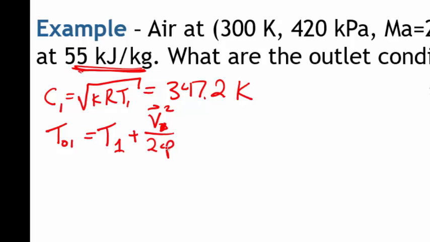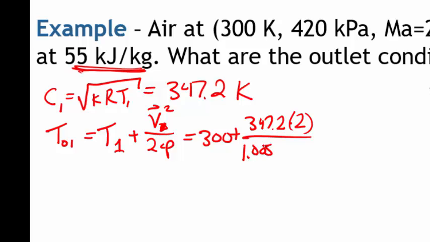That's 300 plus 347.2 times 2, the speed of sound times Mach 2, which is my inlet velocity, squared, over 2 times 1005. That number comes out to be 540 Kelvin. So there's my inlet stagnation temperature.